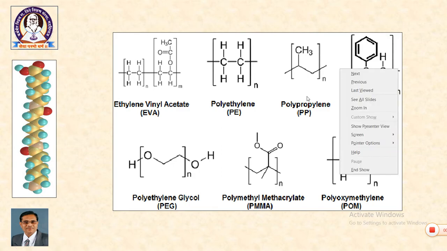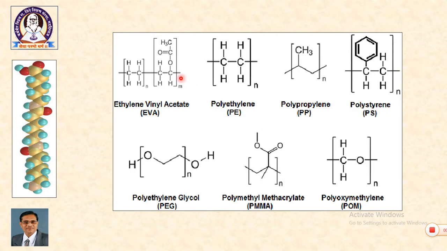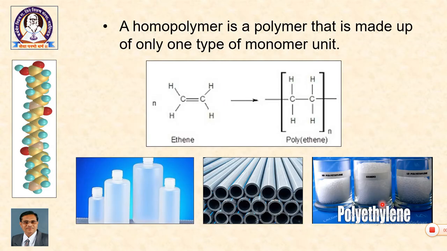We see various monomers converted into polymers: ethylene, vinyl acetate, polyethylene, polypropylene, polystyrene, polyethylene glycol, polymethyl methacrylate and polyoxymethylene. Of course, you should not remember all of these. In due course, we will learn these various polymers and you can remember the corresponding compounds.